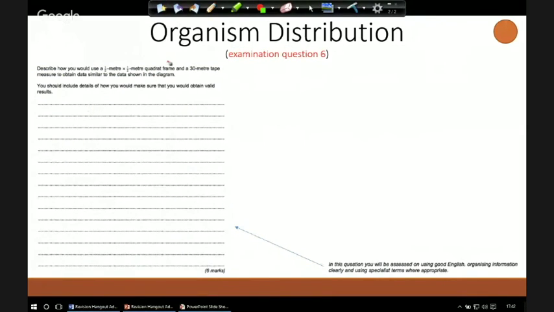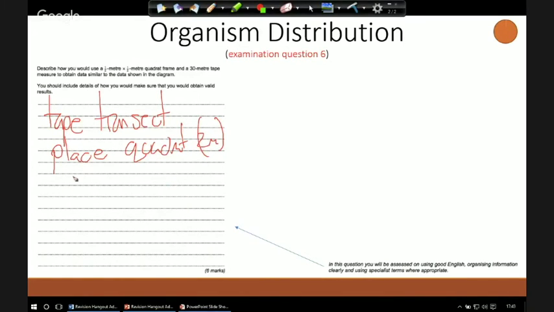We're doing quadrats with transects. Well, 1 mark will be to say, tape out your transect. Our second mark will be for our placement of our quadrats. It might be every 2 meters, for example. You also need to ensure that you are saying that you're going to place your transect across the stream.